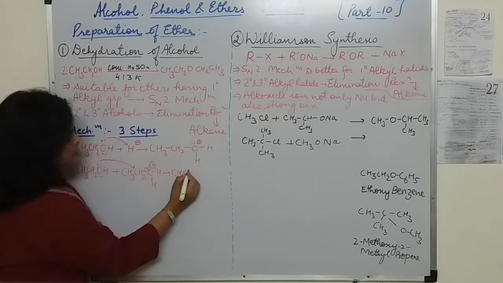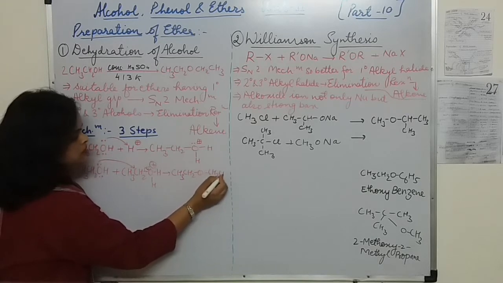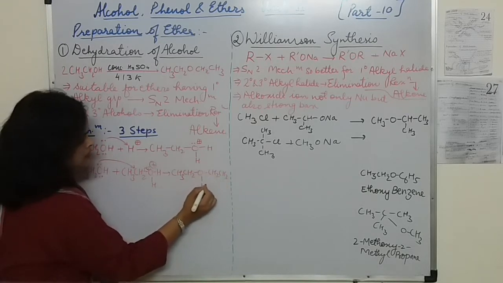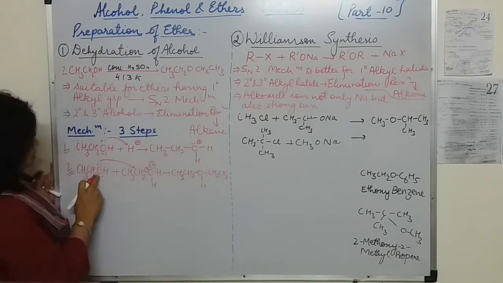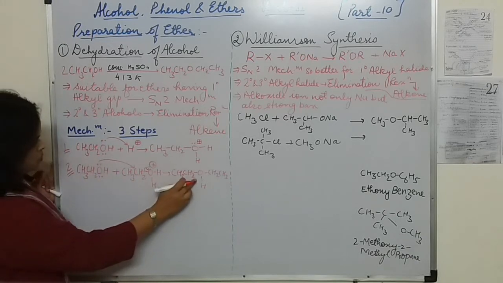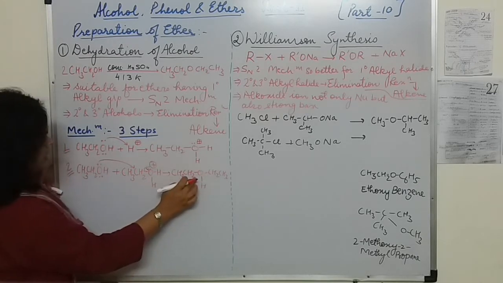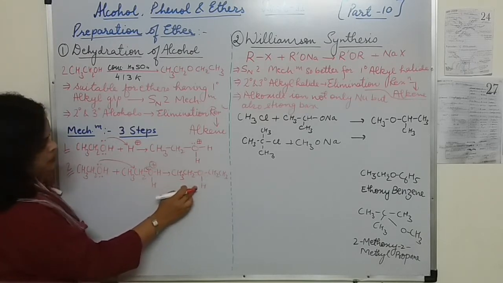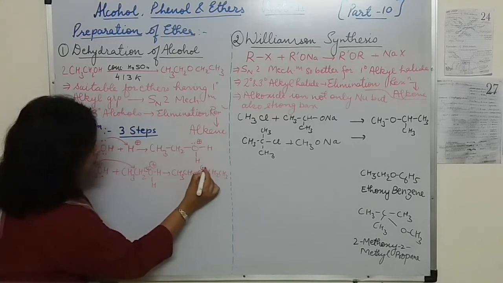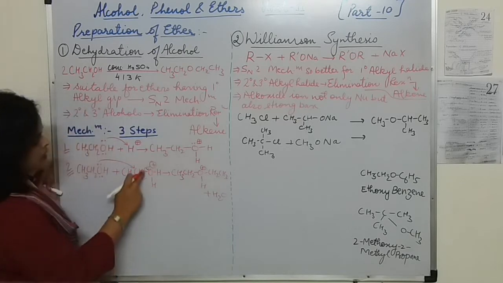CH3CH2OCH2CH3, with the H still attached to the oxygen. This carbon is getting attacked, and we get this product where the positive charge is still present, and along with it an H2O molecule comes out.